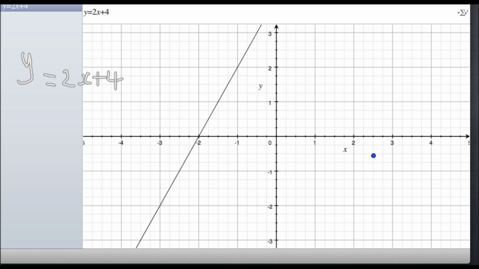You still have your x-axis and your y-axis. Let's say we want to know what y is at x equals -1.